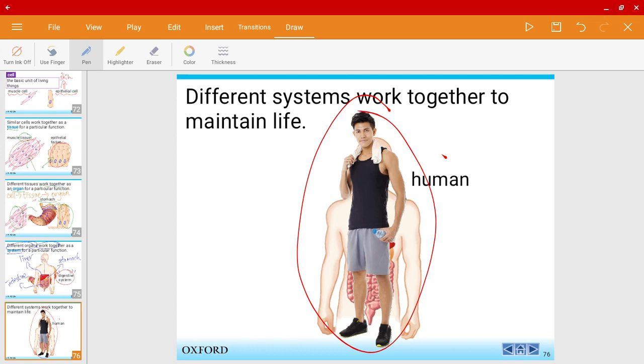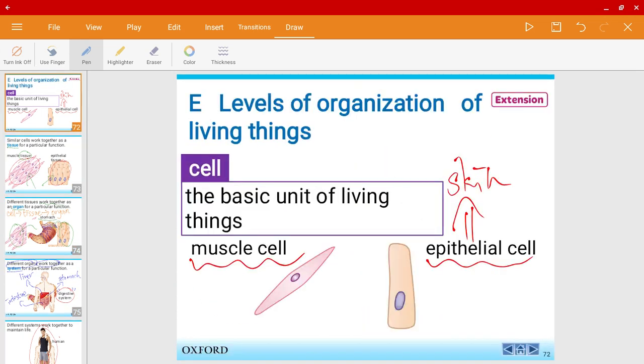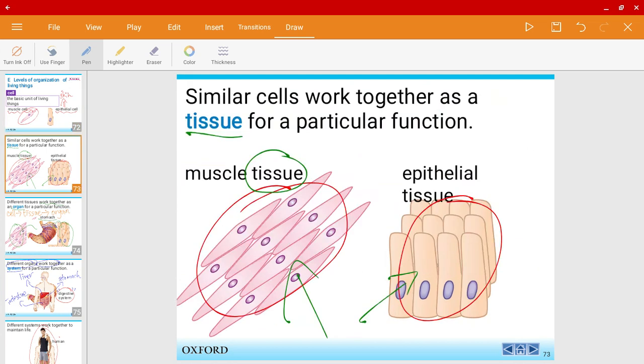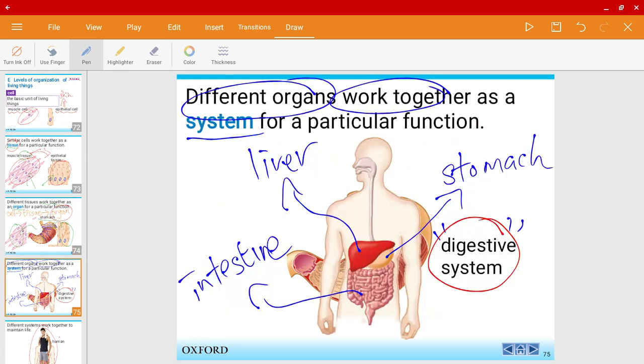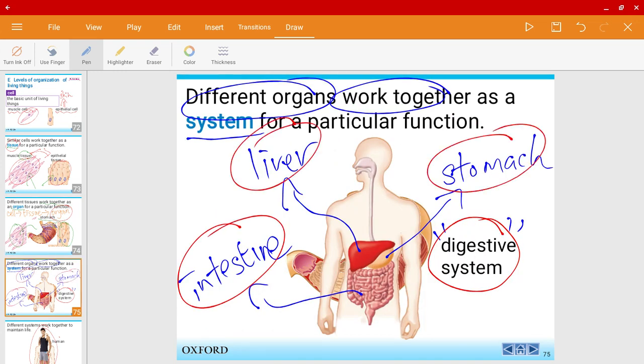So if you notice, let me go back. Originally, we had one single cell. However, when you combine them together, you have tissues. When you combine different tissues together, you have an organ. When you combine different organs together, you have a system.